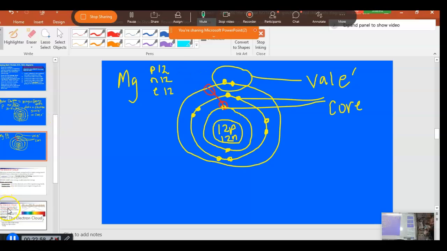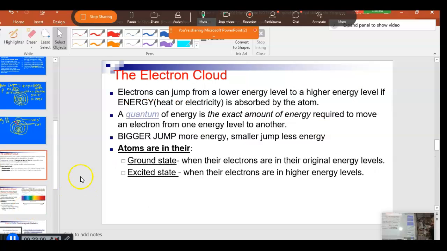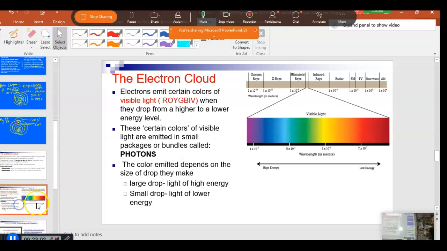Okay? Now, there's one more piece to this. You guys remember Roy G. Biv? You guys have heard of Roy G. Biv. So white light is composed of different colors of light. And these different colors of light hold different amounts of energy.